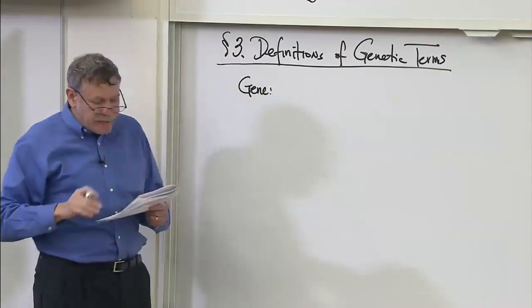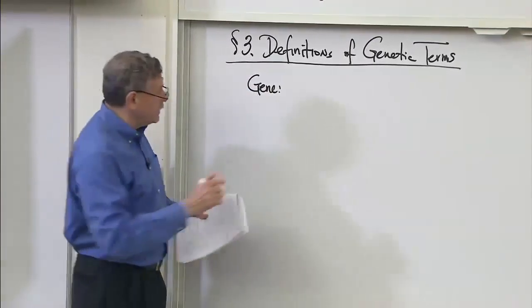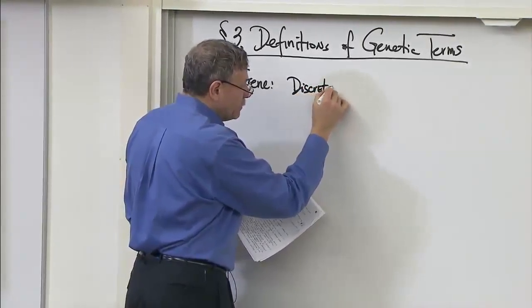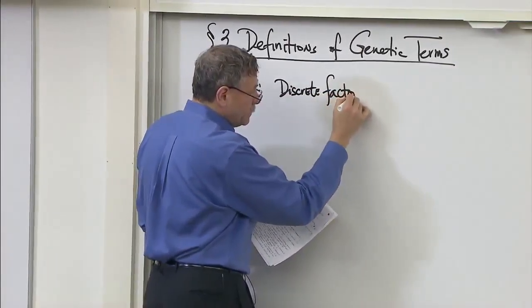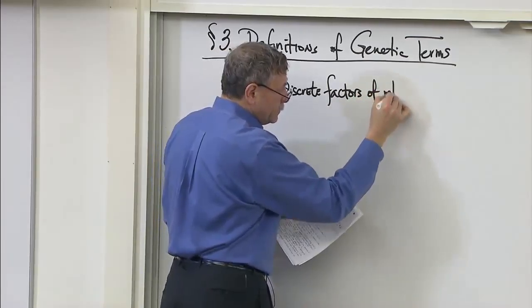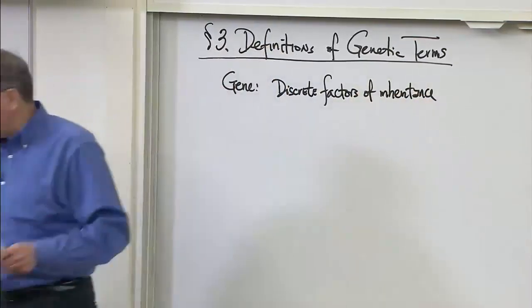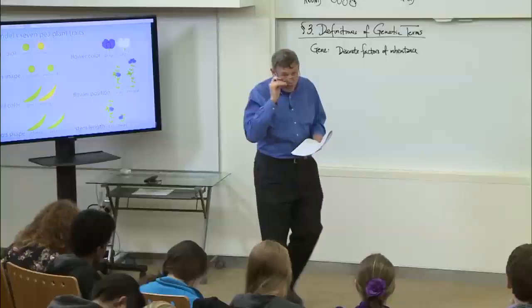The term gene is going to refer to one of these discrete factors of inheritance. There is a gene, whatever it is, controlling pea color, pea shape, pod shape, flower color, flower position, stem length.